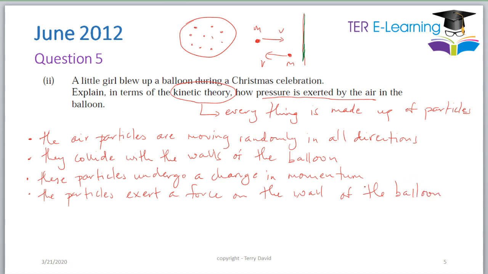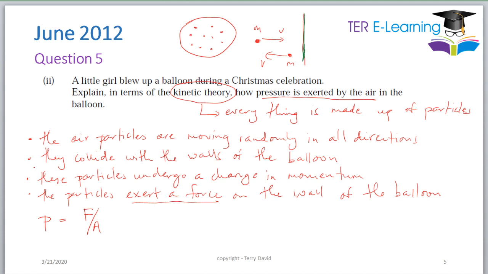And we also know that pressure is equal to force over area. So this force that the particles are exerting on the walls of the container exerts a pressure. So you have to try to be clear about what you're saying here. So basically, this is what is required.